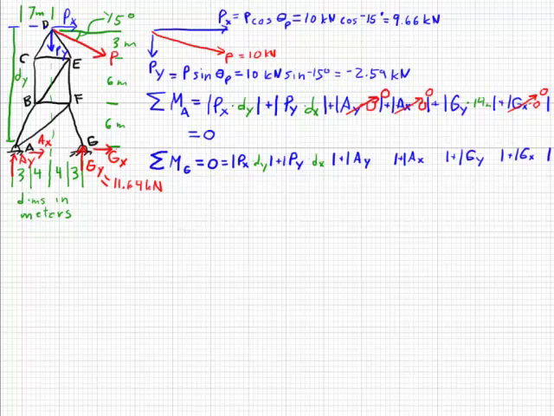Ay is a vertical force and is 14 meters from point G. So it's a horizontal distance from A to G. Ax, in the same manner as looking at Gx in the previous, goes straight through point G, so its distance is 0.